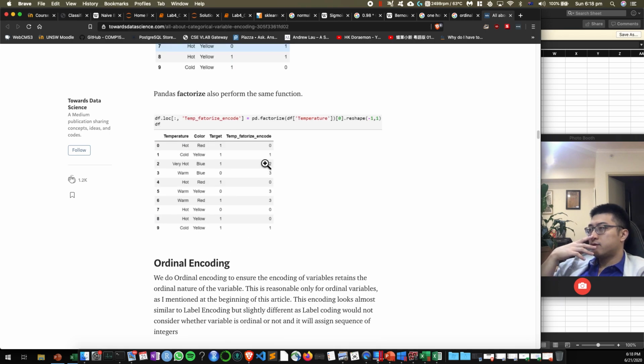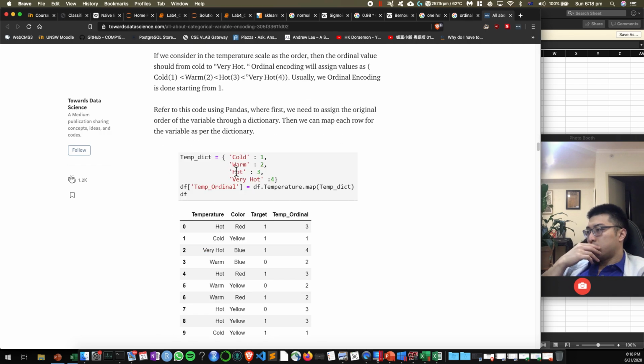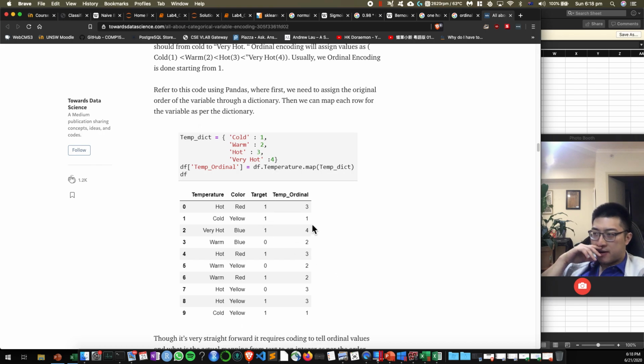Why is it encoded like this? Oh yeah, I remember now. It might make some sense encoded like this, in increasing order of temperature. So cold is 1, then warm is 2, then hot is 3, and then very hot is 4.